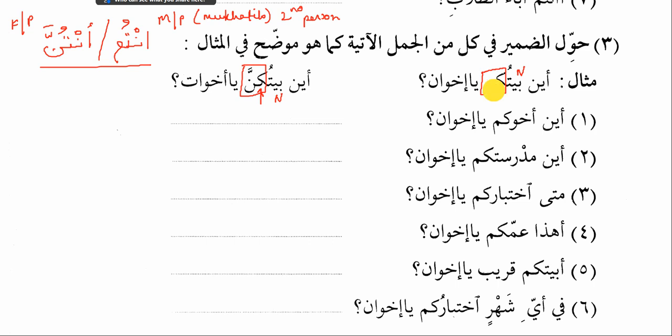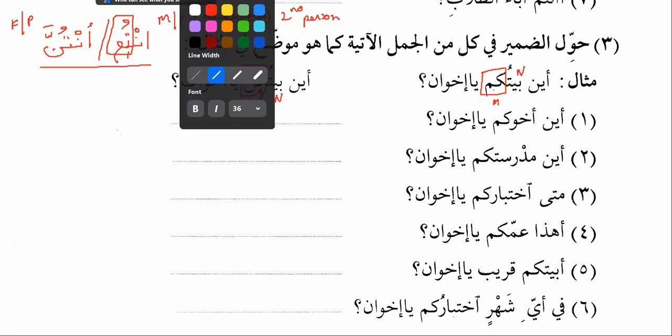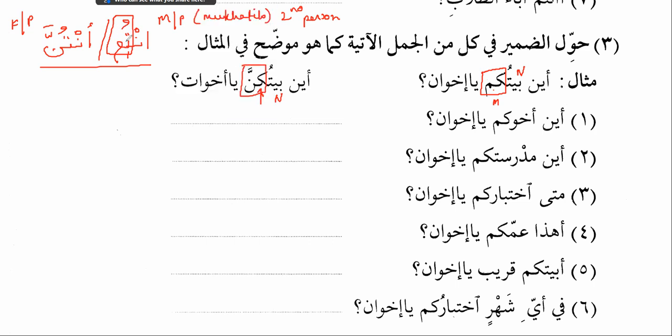Here kum is for male. How do I know? The ta is removed from this pronoun, as you can see. The ta is removed here and the meem remains and kaf comes the moment it's attached with the noun.